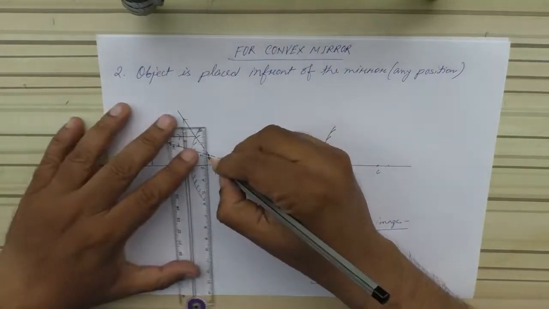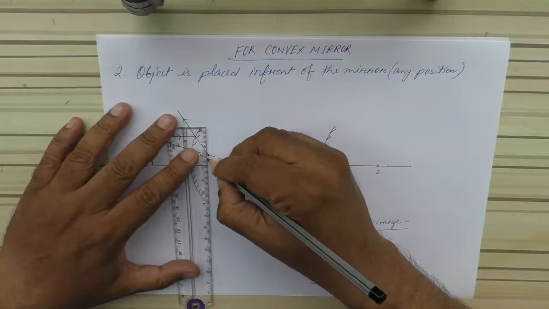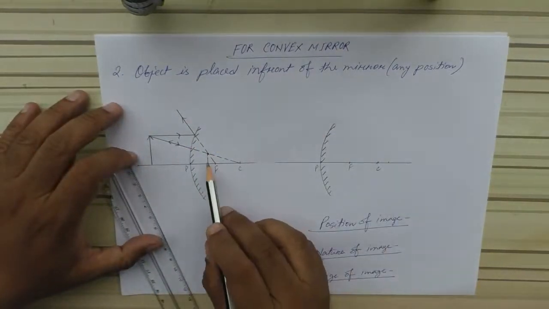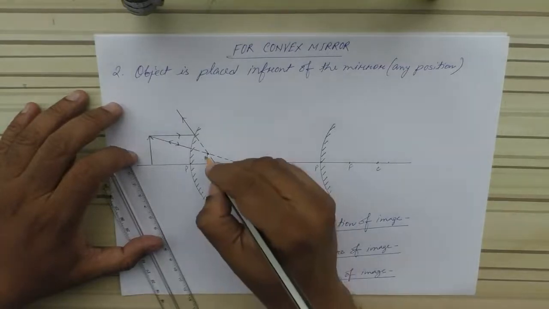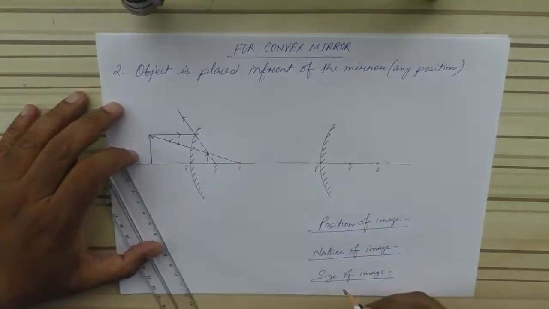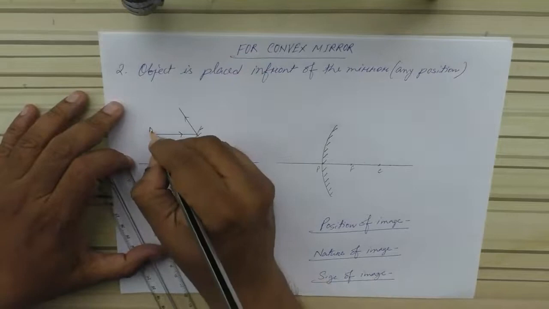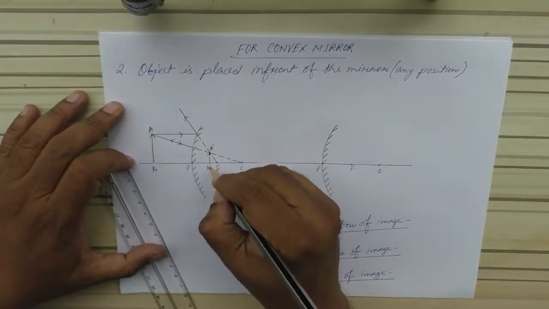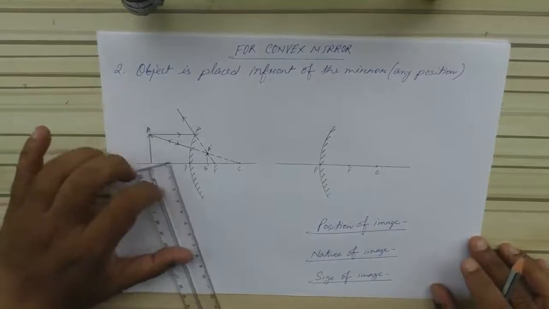So we'll get a virtual and erect image of the object between P and F. You should draw a dotted line for virtual image, and this is the image. So AB is the object. We can mark A dash B dash as the image.